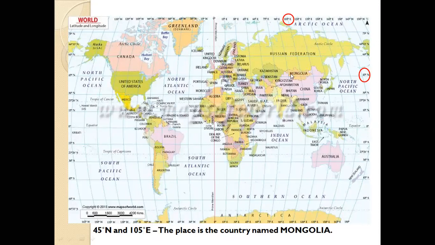If you see the intersection of the grid, we can find the place, and the country name is Mongolia. In the same way, we can locate or find any country on the globe using the degrees.